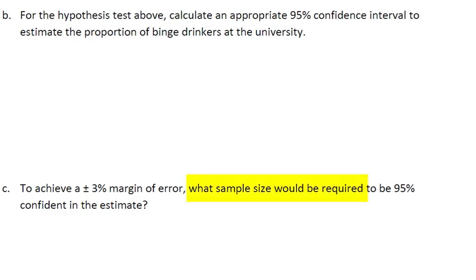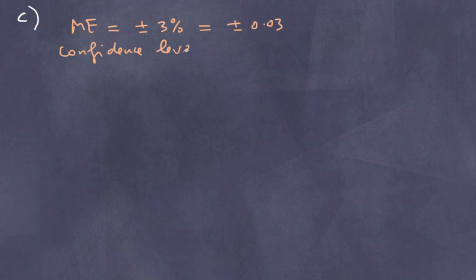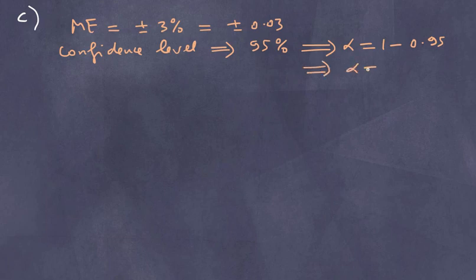What sample size would be required to be 95% confident in the estimate? Margin of error is 3%, which is plus minus 0.03. Confidence level is 95%, which means alpha is 1 minus 0.95, that is, alpha is 0.05.